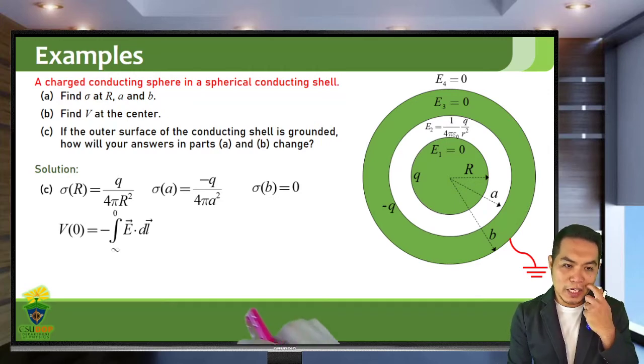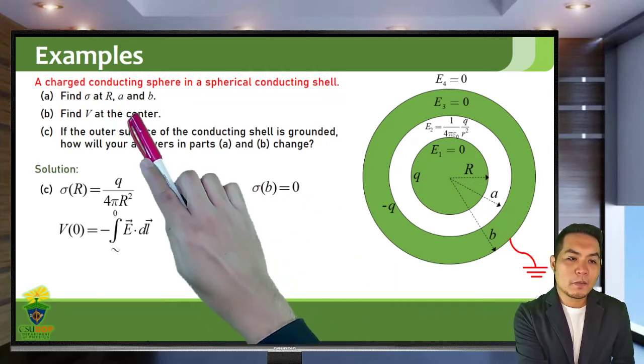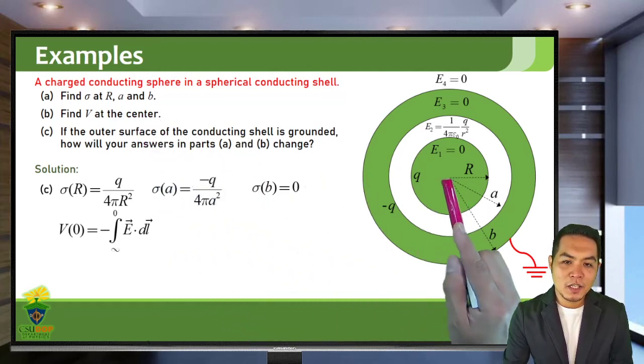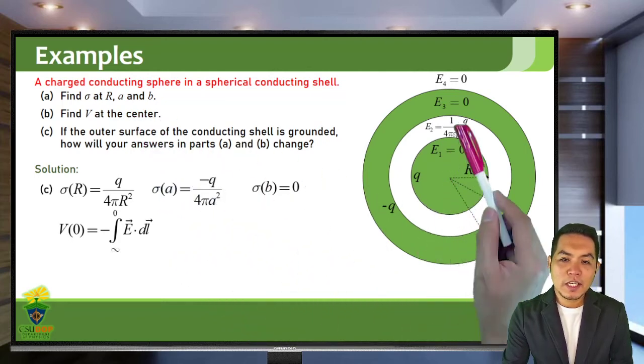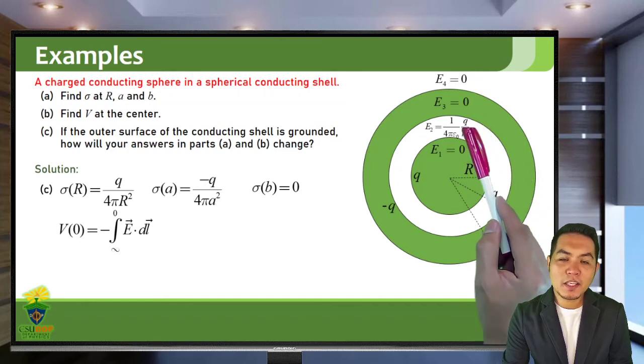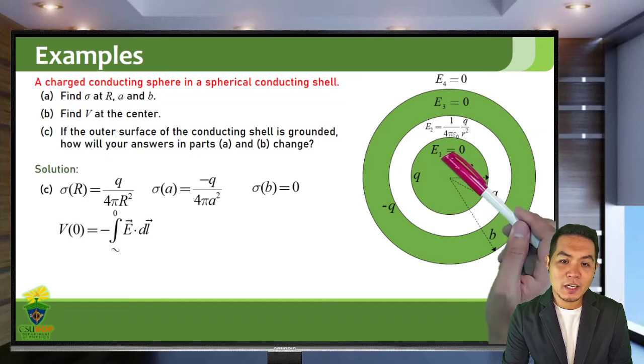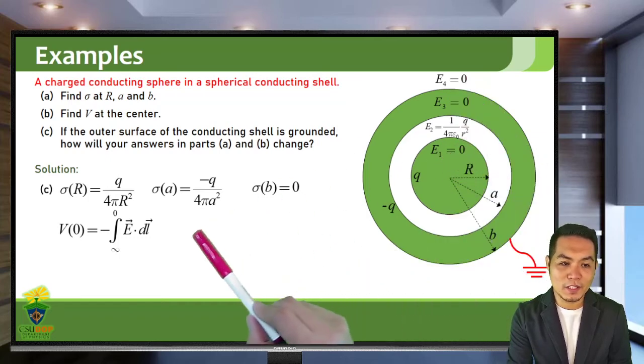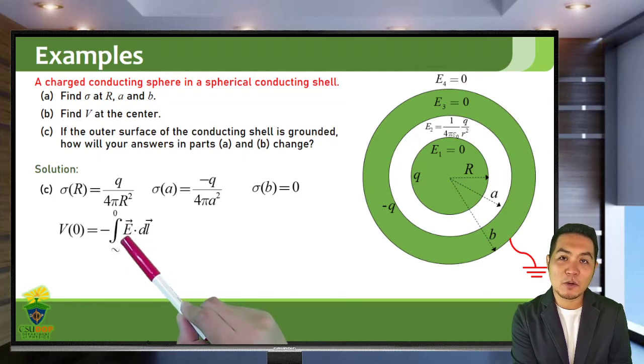So for part B, the potential at the center, you will notice that in the 4 regions, only one region will now contribute to the potential, because the first region, the third region, and the fourth region all have 0 electric fields, so 0 contribution.